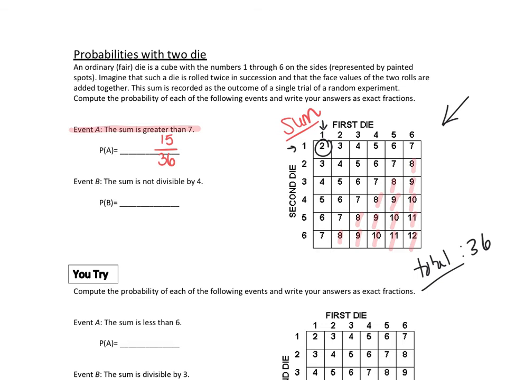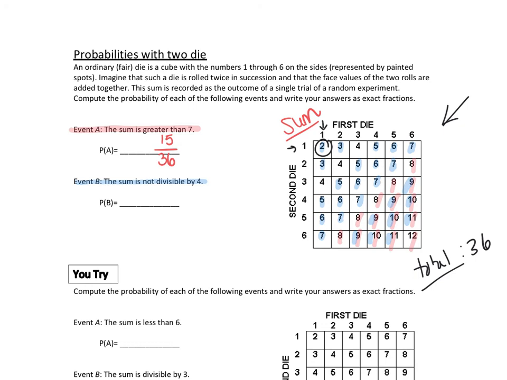The second one is the probability that the sum is not divisible by 4. So we have to mark off all the numbers in our chart that are not divisible by 4. 2 can't be divided by 4. 3 can't be divided by 4. 5 can't, 6 can't, 7 can't. 8 can. 9 can't be divided by 4. 10 can't be divided by 4 nicely, and 11 can't be divided by 4.